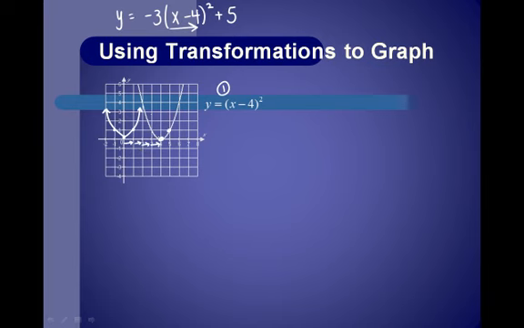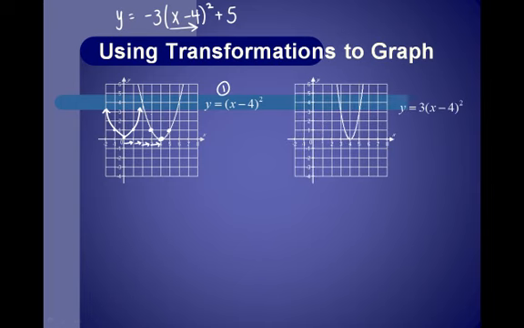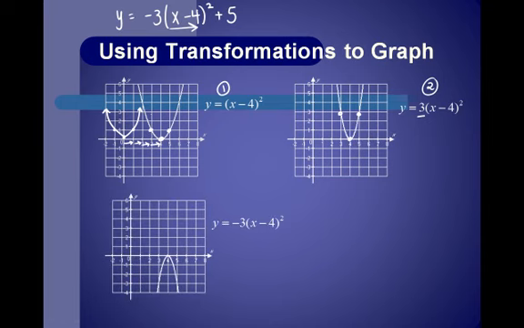So there's our vertex. There's our other additional points of reference. The second thing we're going to do is, because the factor of 3 is, we are going to multiply everything by 3. Well, that was 0, so that's going to stay the same. This was up 1, so now what we're going to do is we're going to go up 3 on both sides of that vertex.